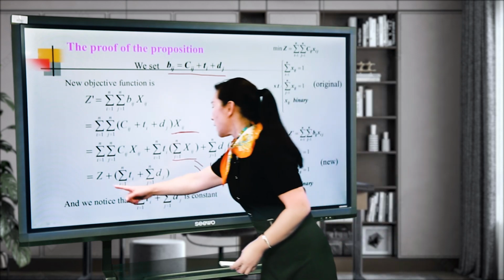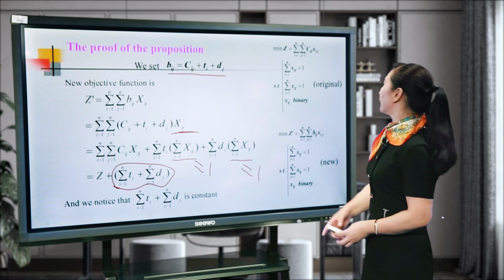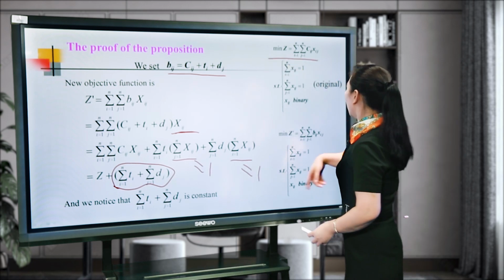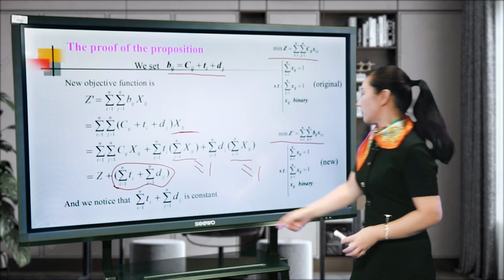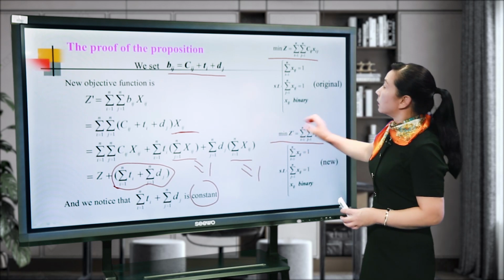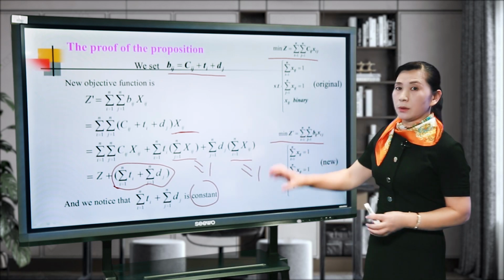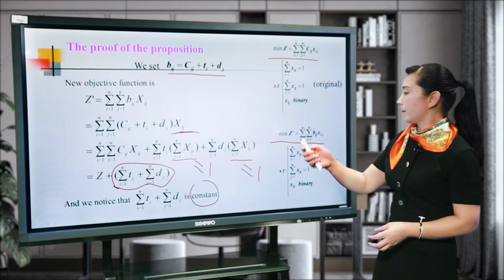And this is a constant. So we notice that this objective value and that objective value differ only by a constant. So these two assignment problems have the same solution.